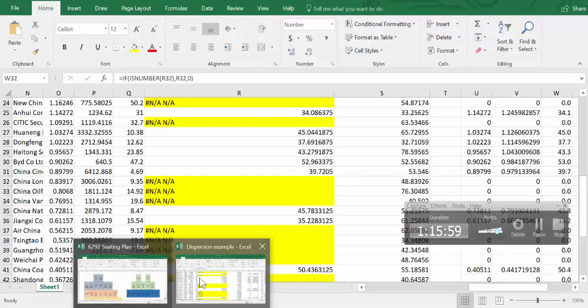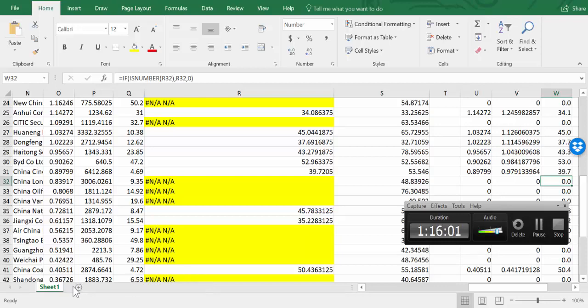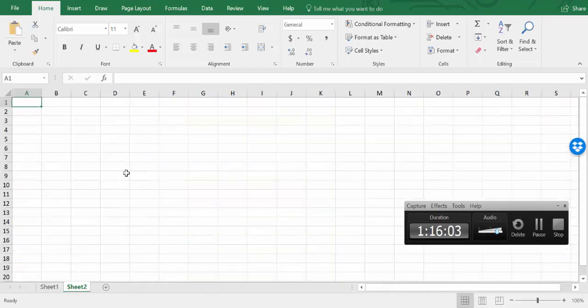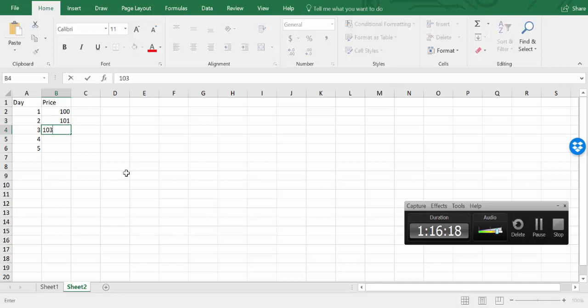You have day 1, 2, 3, 4, 5, and then you have prices. So you start at 100, and the day after might be 101, 103, 99, whatever.